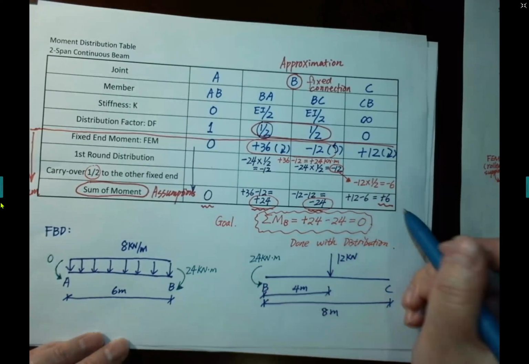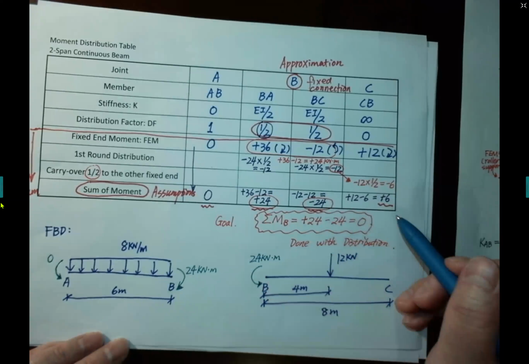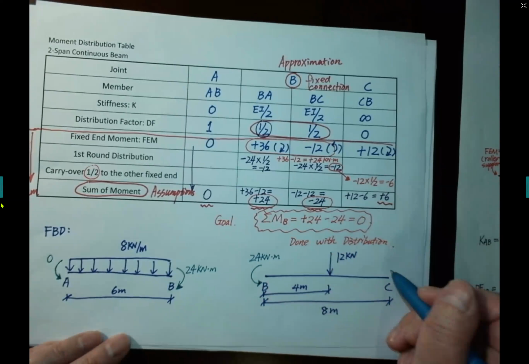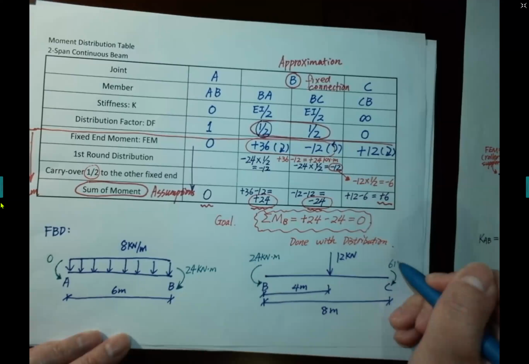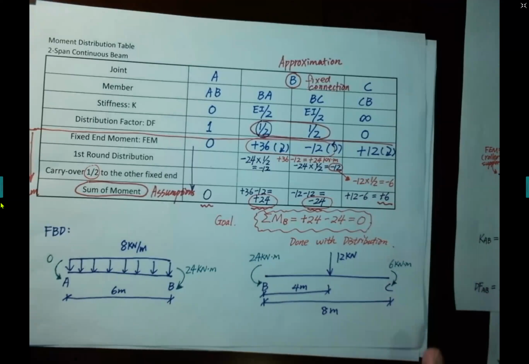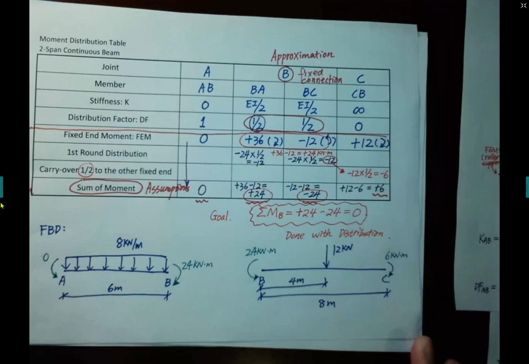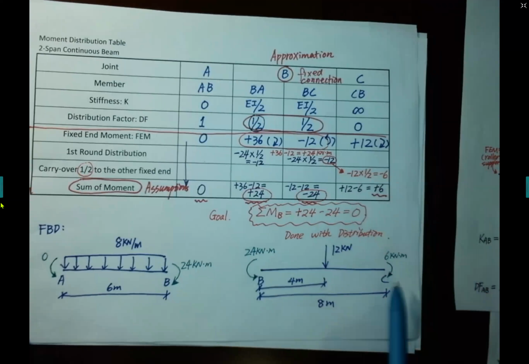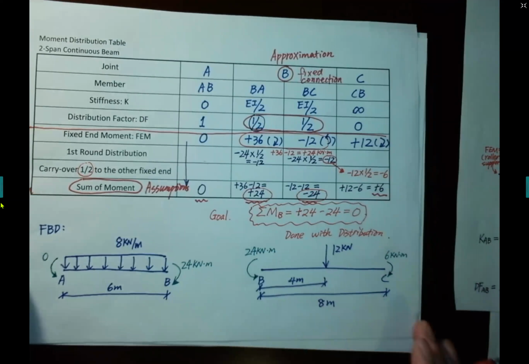And on the C side, positive 6 means clockwise 6 kilonewton meter. So this is the known value based on the distribution table. After that, we'll put the unknown force.